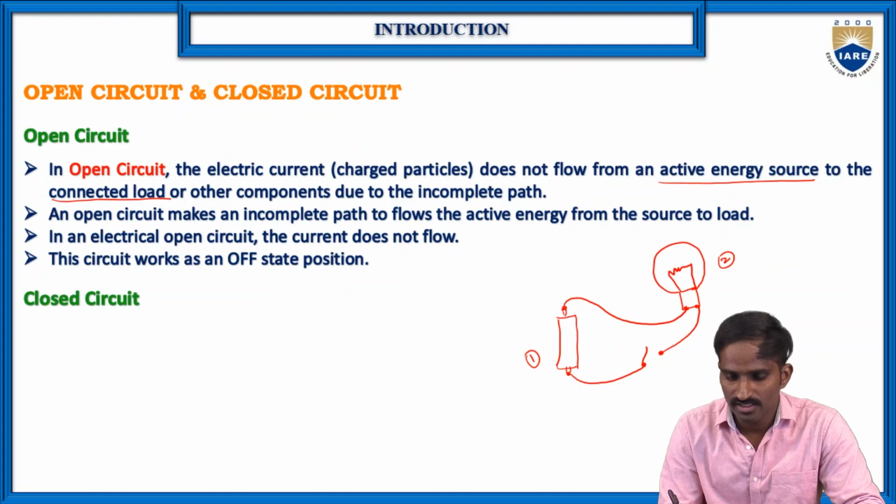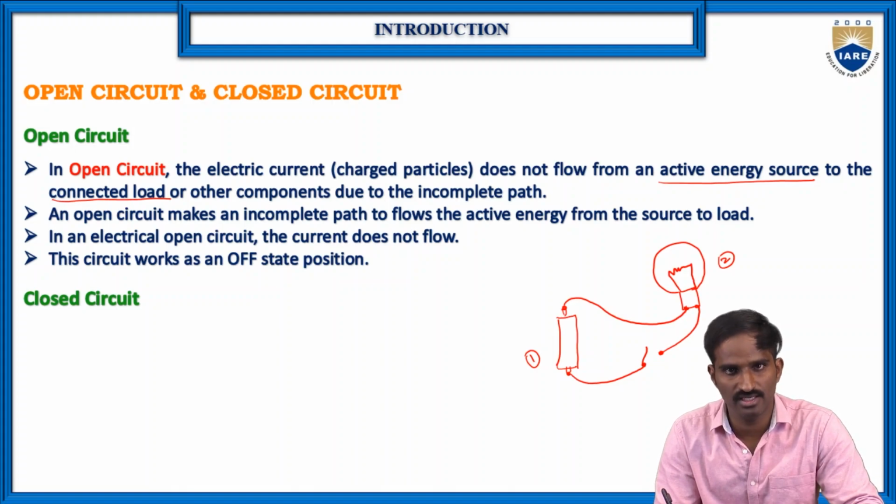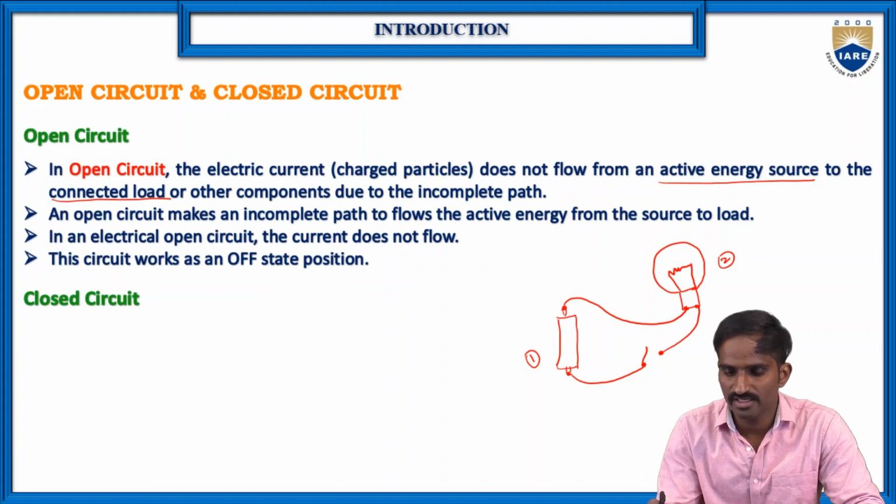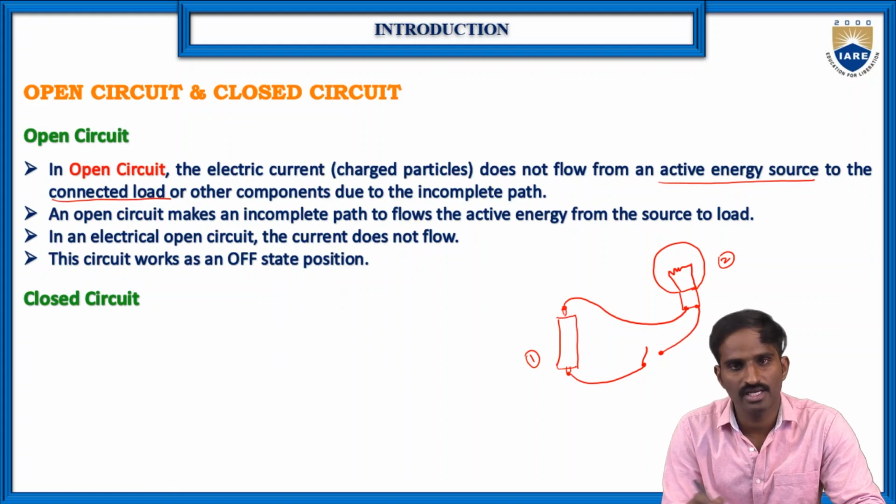So this battery is the active energy source, because it will supply the electrical energy. And the load: the bulb is utilizing the power, or the current, supplied by this battery. So that's why the bulb is the connected load.